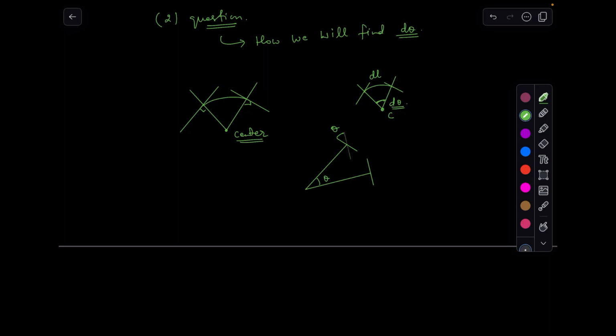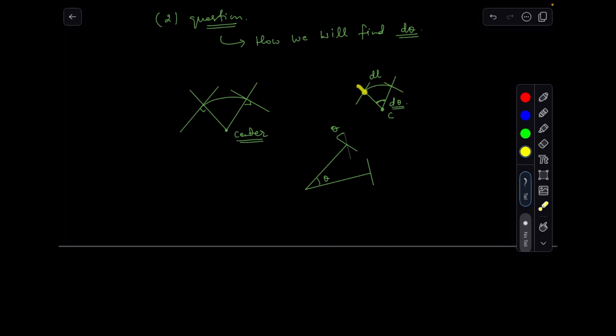What we will do is find d theta, somehow, if we find the angle by which our tangent rotates. In this case, as we move from this point to this point, the normal also rotates by d theta, and the tangent also rotates by d theta, because the tangent is perpendicular to the normal.